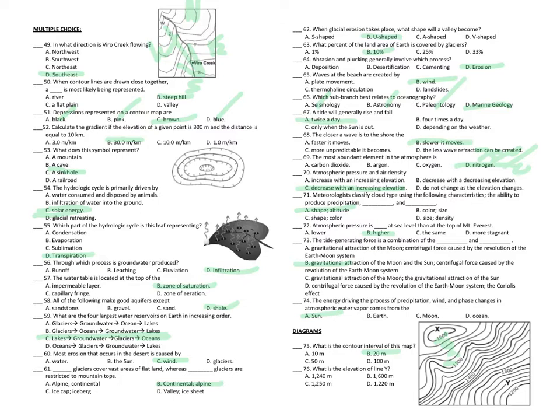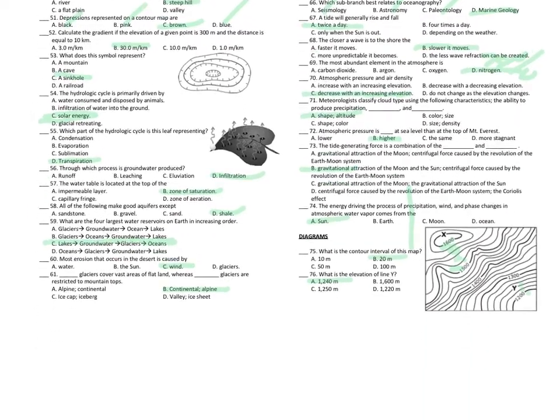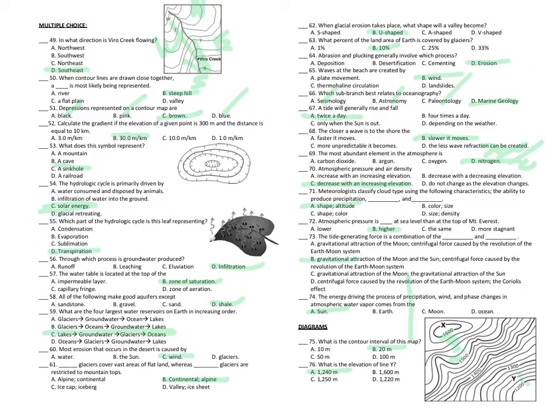What is the elevation of y? And so you start down here, now that you know the contour interval, so you're 1200, 1220, 1240. All right, so just gonna make sure there's nothing on the bottom. That wraps it up. Nice and quick review.